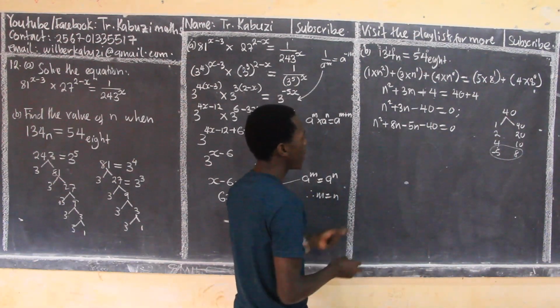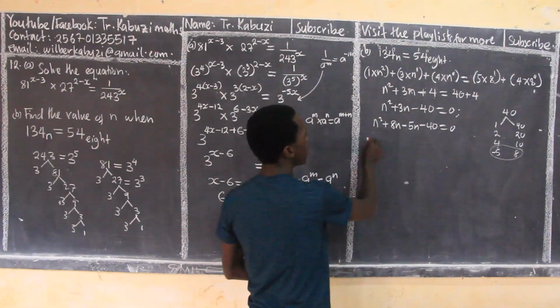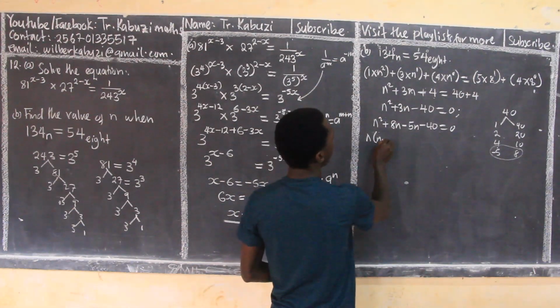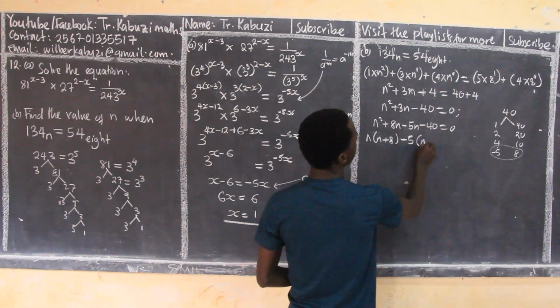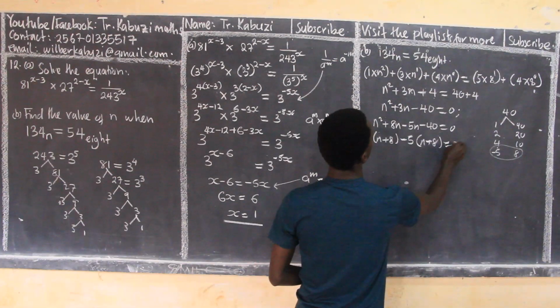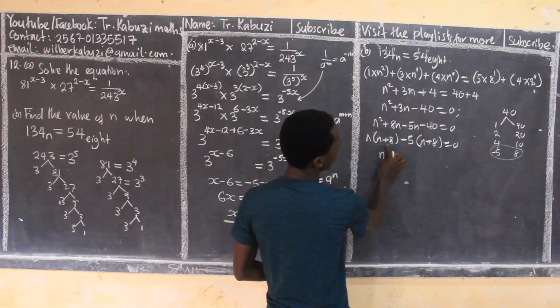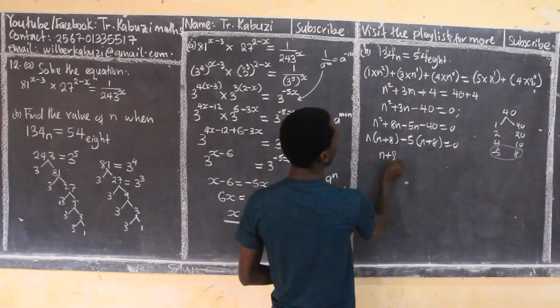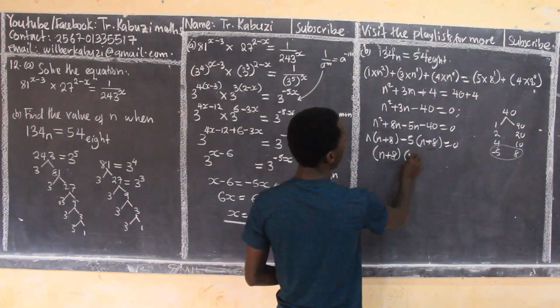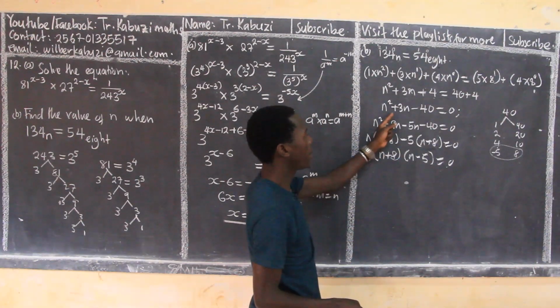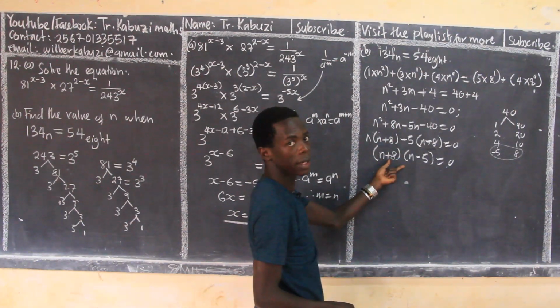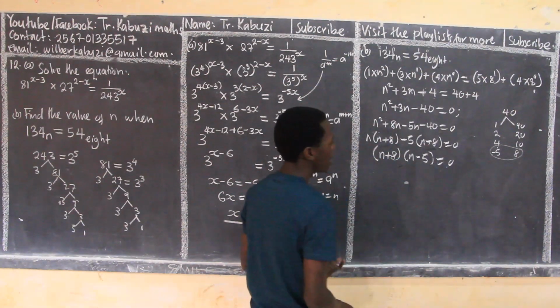So now there we are going to factorize, n is common. Here minus 5 is common. Then you see this one is common. If I factorize it out, equals to 0. But from here you can come to this step, it is very okay as long as you can see the factors.